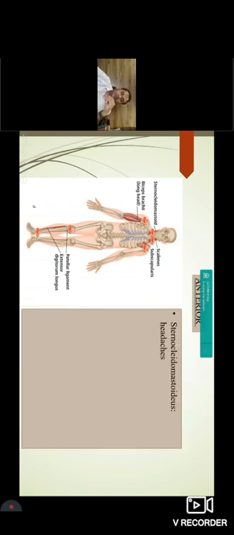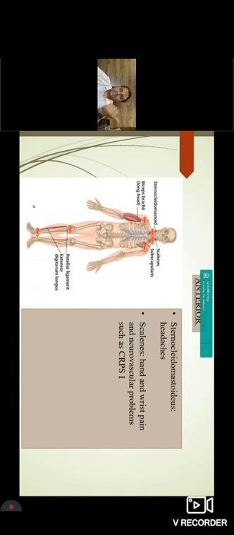You have the scalenes, the biceps brachii, the patellar ligament, the extensor digitorum longus. The area that you see is the area where there are trigger points. You have the sternocleidomastoid associated with headaches.